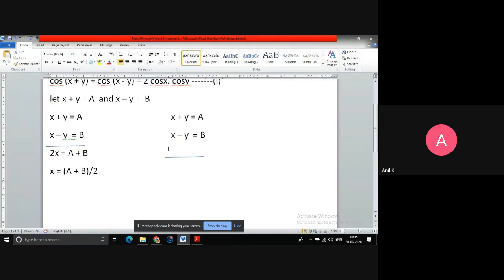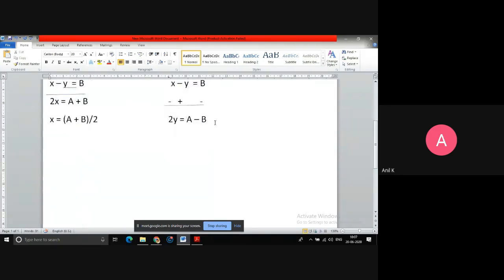Your signs will change, right? Plus x will become minus x, minus y will become plus y, and plus b will become minus b. So plus x minus x will get cancelled. Then I have 2y equals a minus b.